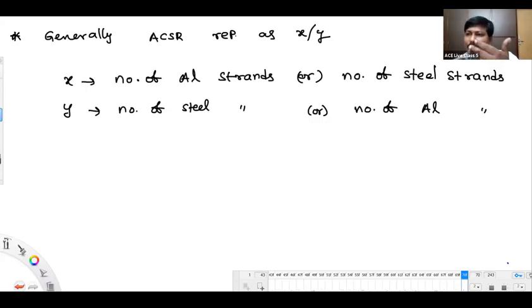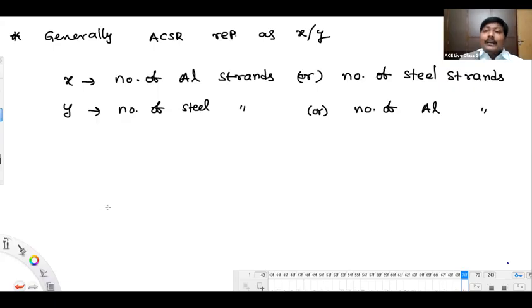For example, if some ratio is given to you, some numbers are given to you, which number should you say is aluminum and which number steel? Whichever is higher in number, that will be aluminum, and lower in number will be steel.